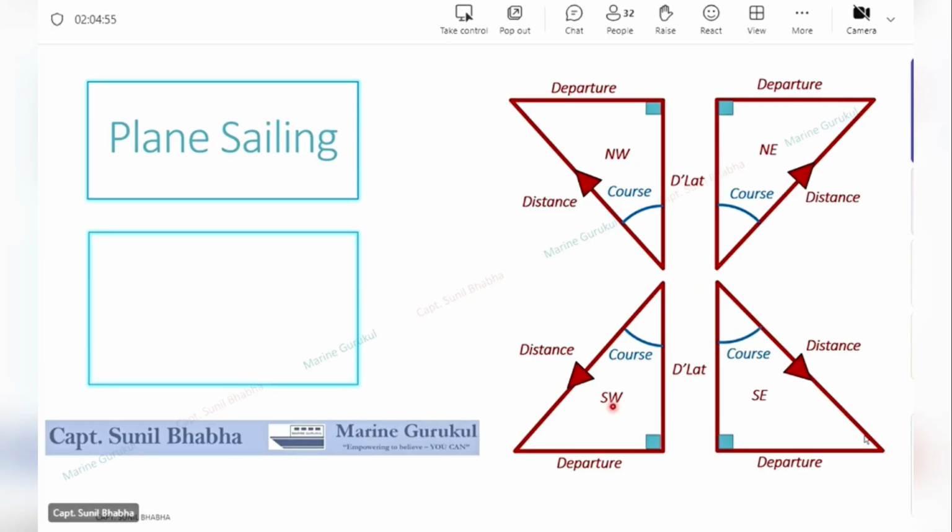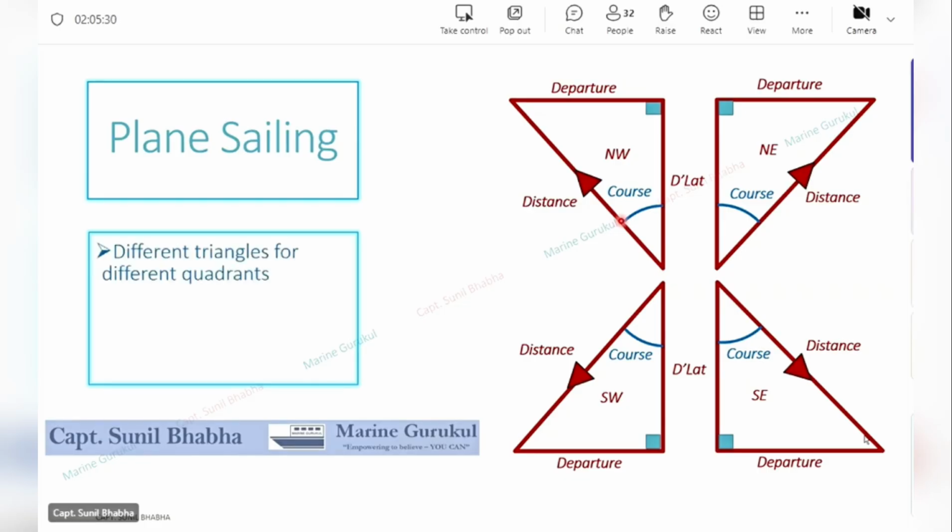If the ship is moving in the southwesterly direction, we use this triangle, and the quadrantal course is south so many degrees west. If the vessel is moving in the northwesterly direction, we use this triangle, and the quadrantal course is north so many degrees west.